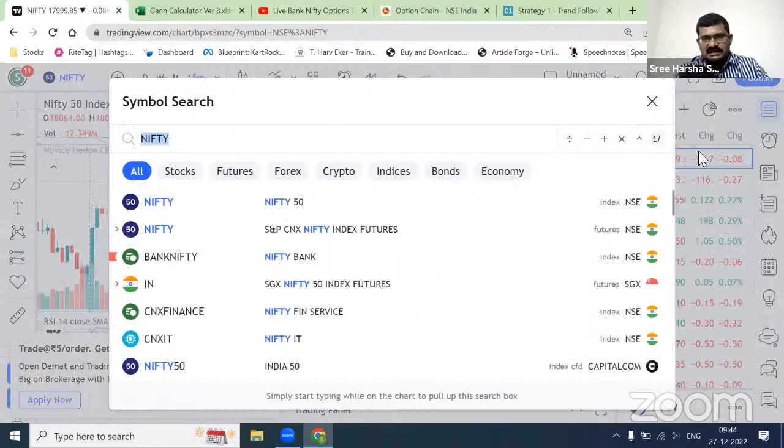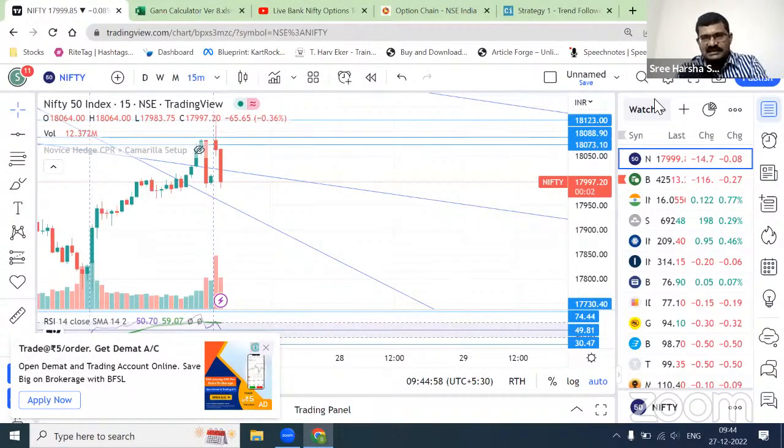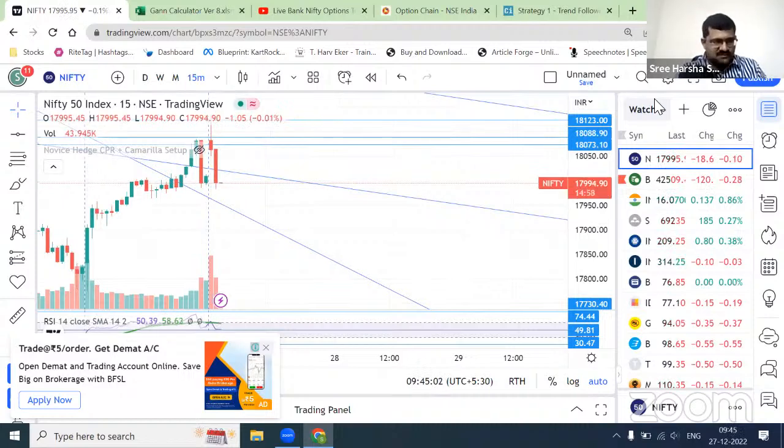Strictly, since I have taken the trade before that has triggered, very important is having the stop loss. Stop loss should not get triggered. Very important. Let's see.